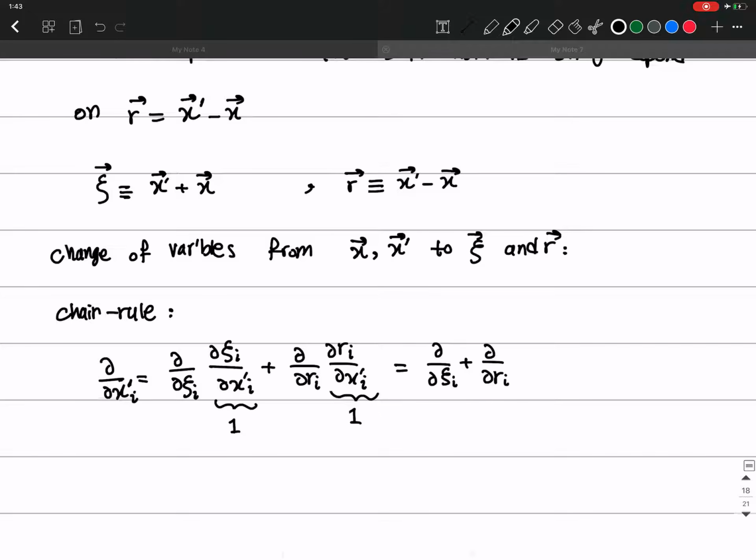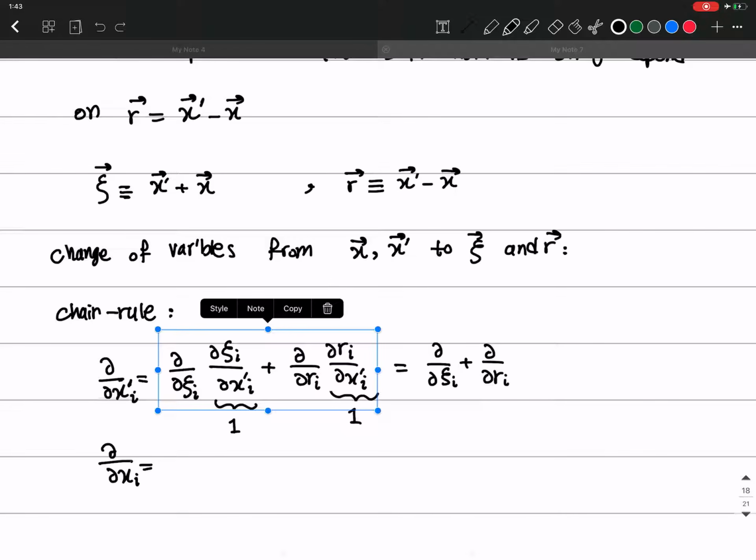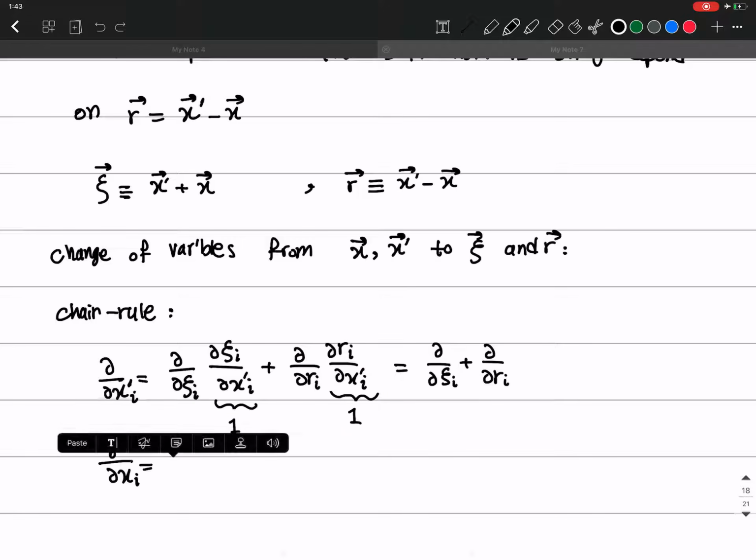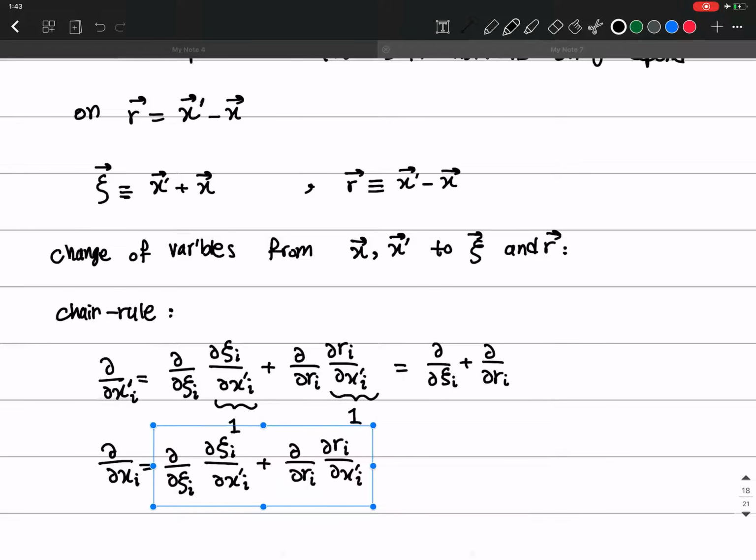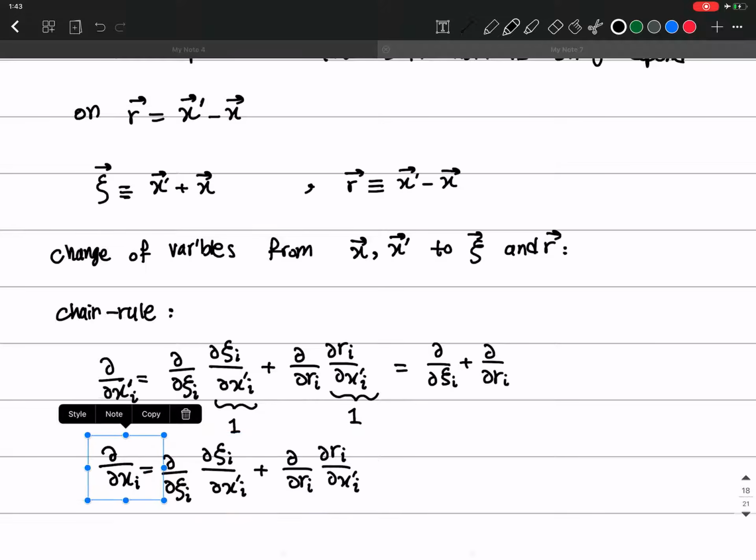Okay, so now let's take the derivative with respect to xi. We are going to have a similar thing, but now with respect to x instead of x prime.